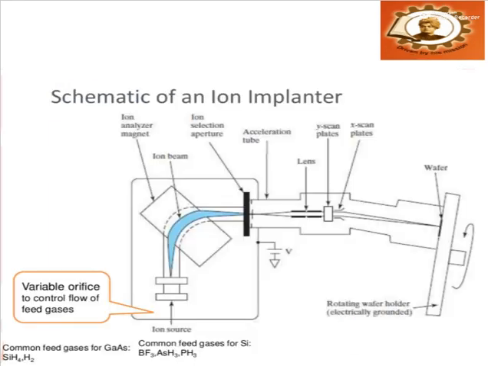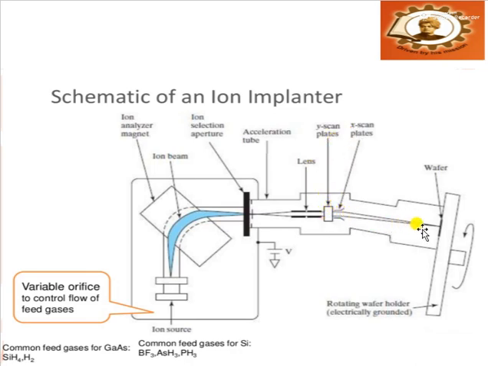Here is a schematic of the ion implanter shown in the figure. The ions move through the ion chamber, and a magnetic analyzer bends them in a particular direction. There is an acceleration tube where the ions are accelerated, and a lens concentrates them in a particular direction, followed by scanning along the x direction and y direction.